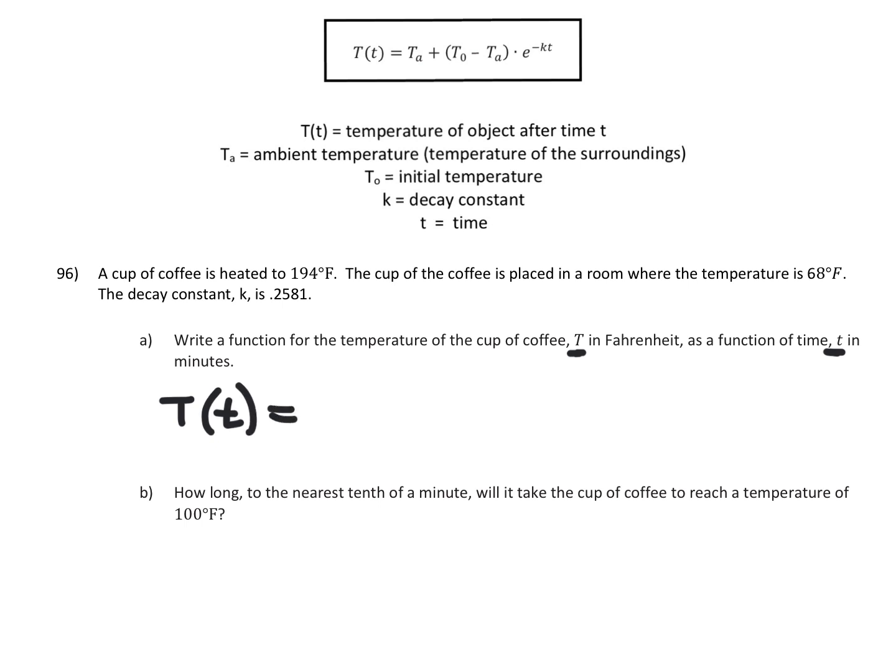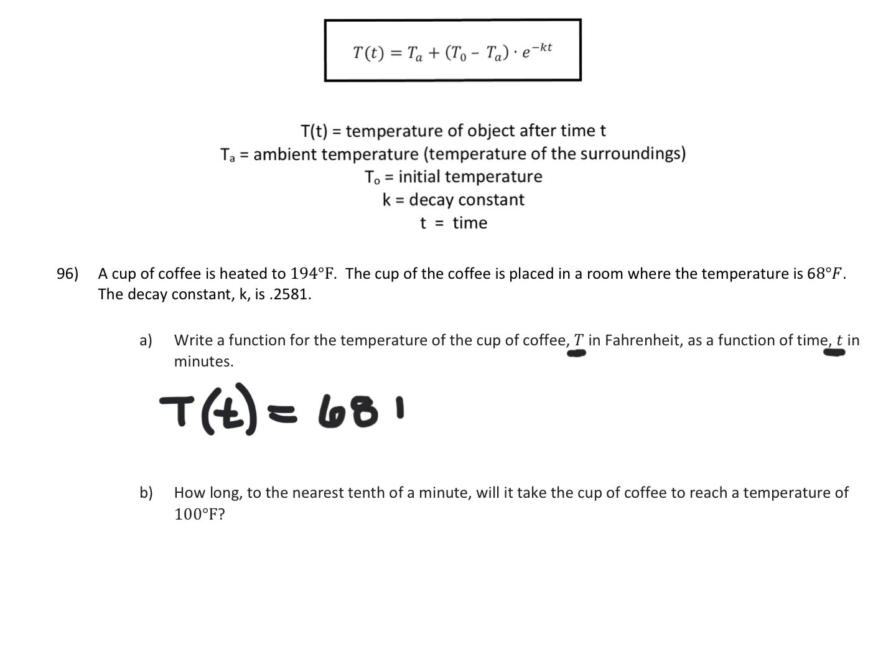Okay, now based on what they give us, we know that T sub A is the ambient temperature or the temperature of the surroundings. So since we're taking this heated cup of coffee and we're placing it into a room where the temperature is 68 degrees Fahrenheit, this 68 is going to be the temperature of our surroundings. So I'm going to put that right here.